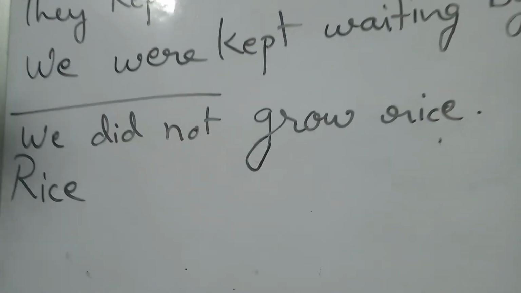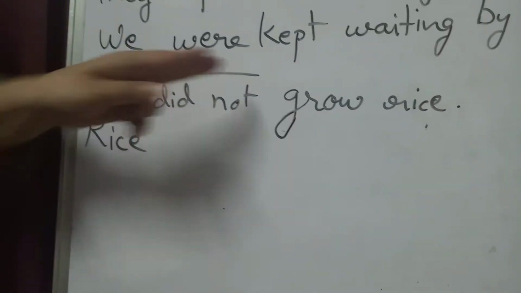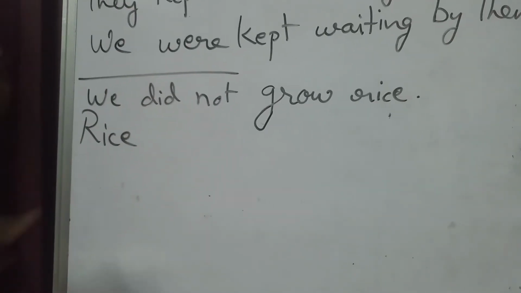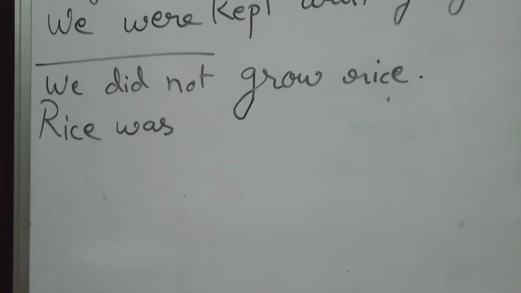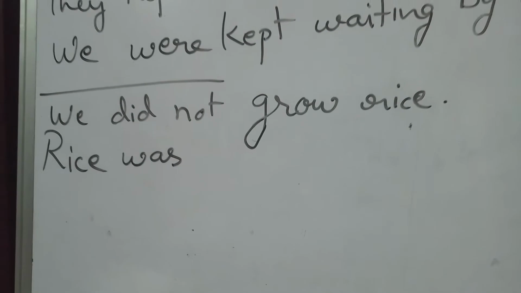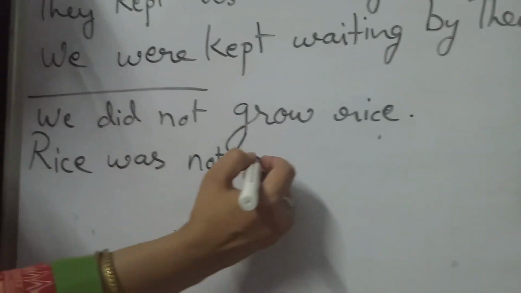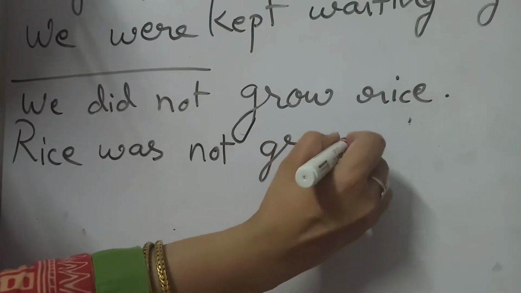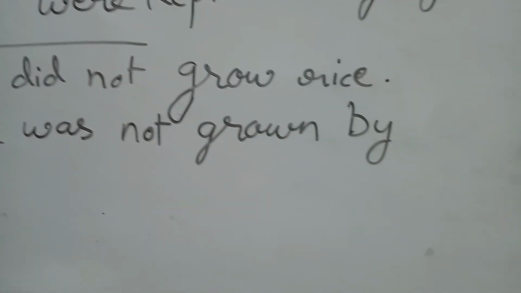First rule we have marked: subject, verb, object. Second, crisscross. Rice is singular. For singular we use, for past, was. Negative, not. Third form, grown. Agent, by. We becomes us.